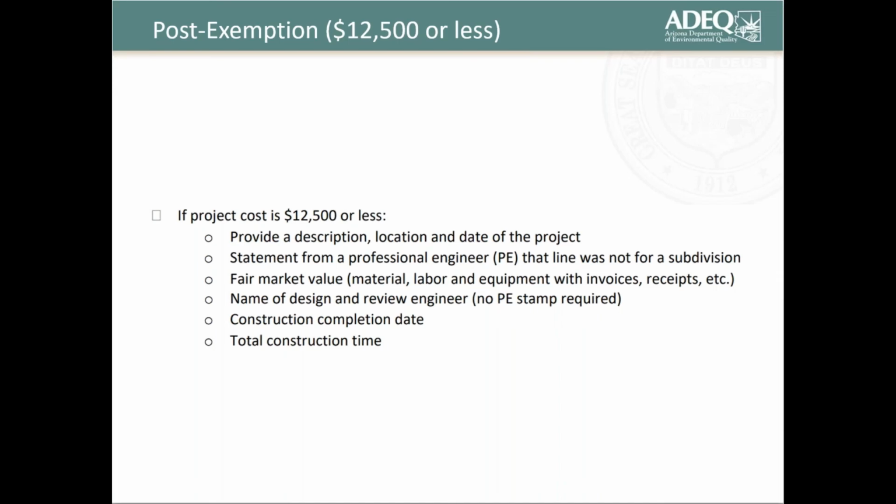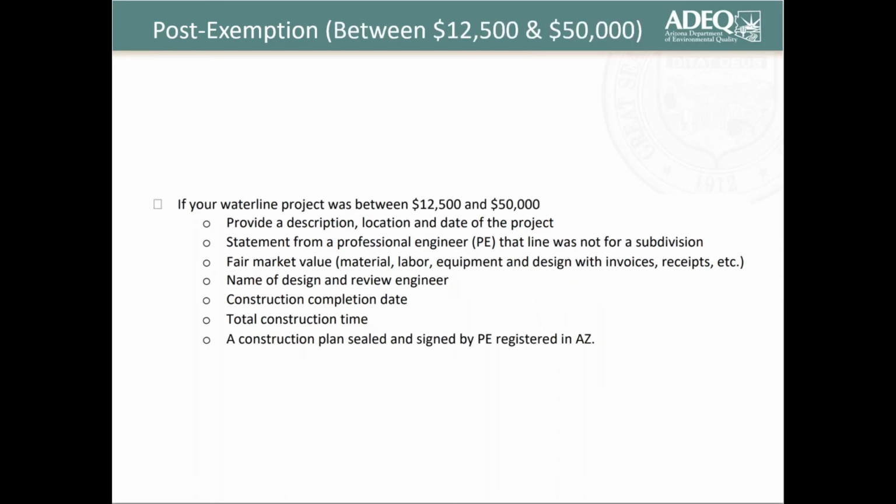The construction completion date and total construction time. And then next we will go over what is needed for the post-exemption when the cost is between $12,500 and $50,000 range. So the documents needed are relatively the same, but the main difference is that a construction plan is needed with the signature and seal by a registered professional engineer in Arizona.